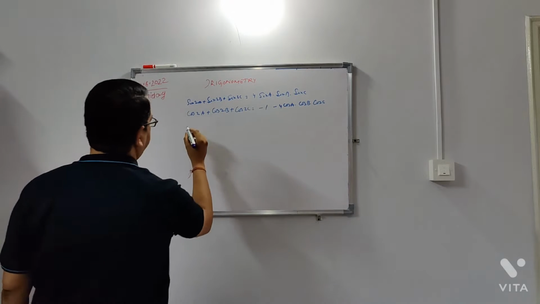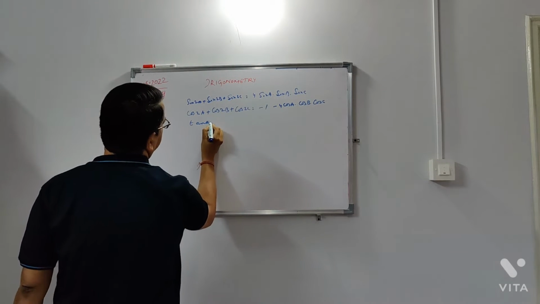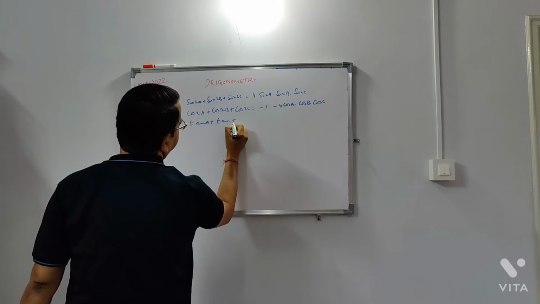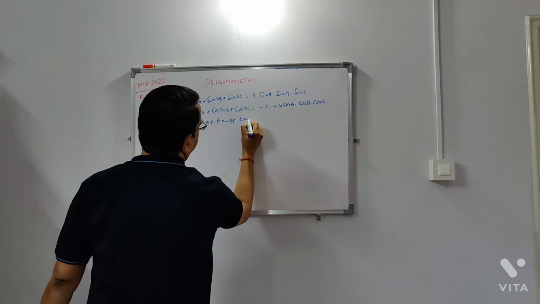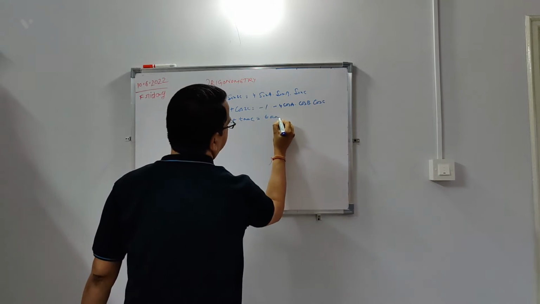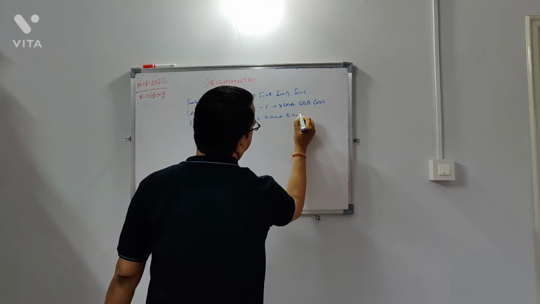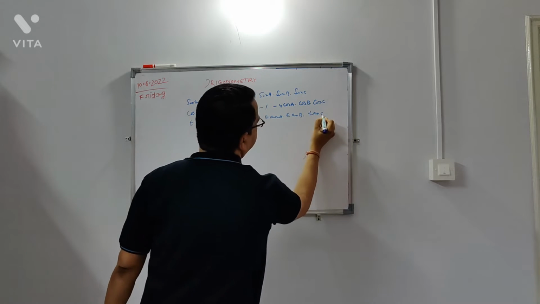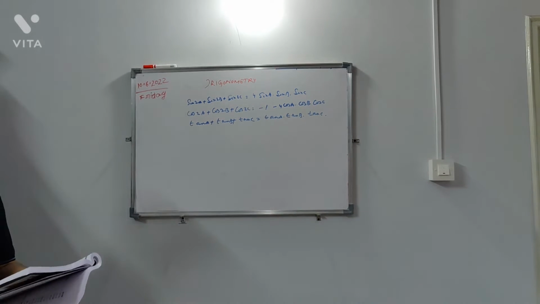One very interesting thing is tan A plus tan B plus tan C is equal to tan A into tan B into tan C. This is for tan. Okay.